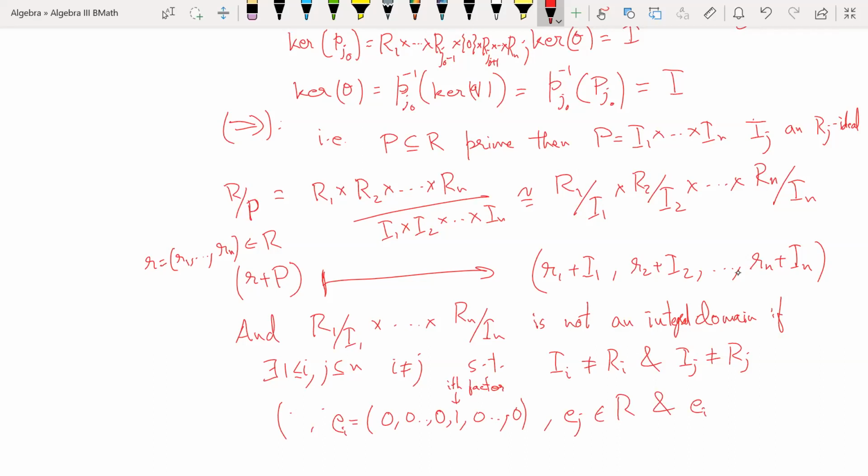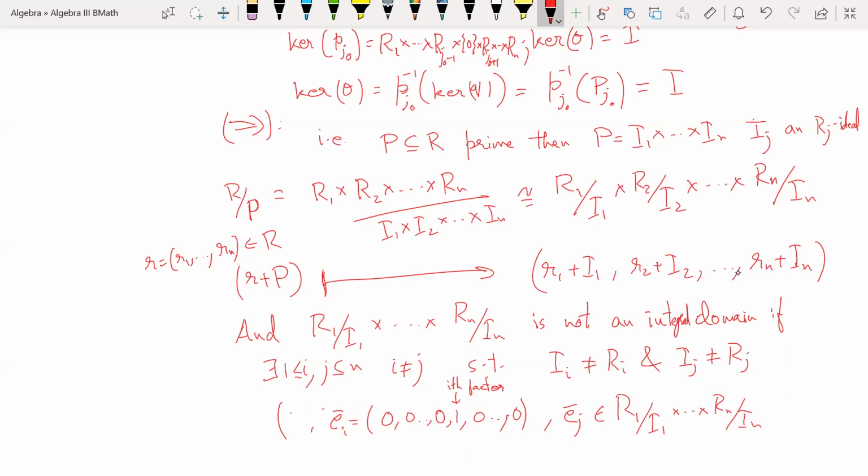Ei belongs to R, and their classes belong to the right hand side, R1 cross I1 to Rn cross In.